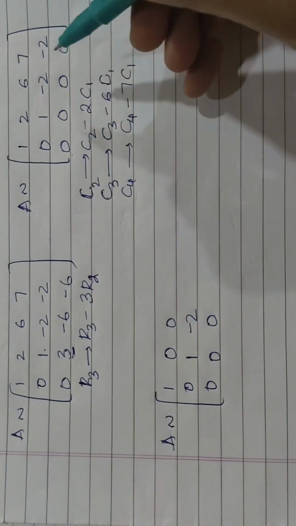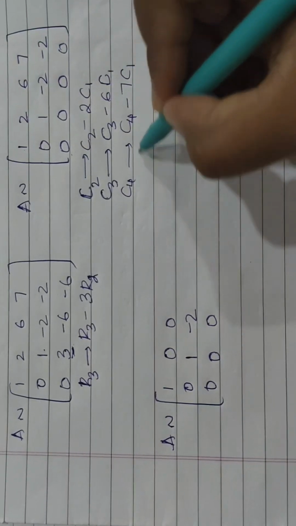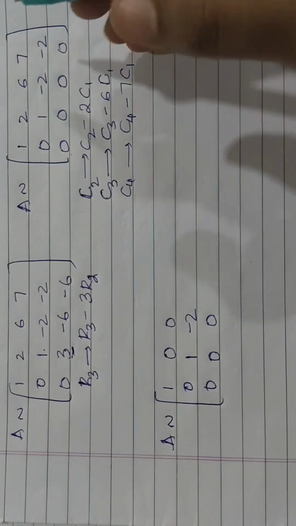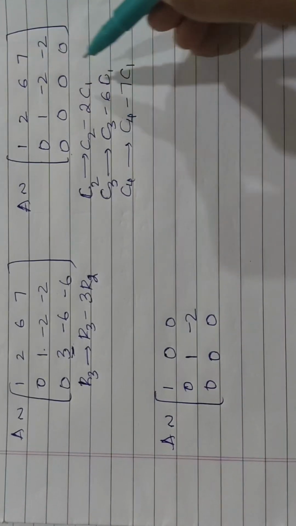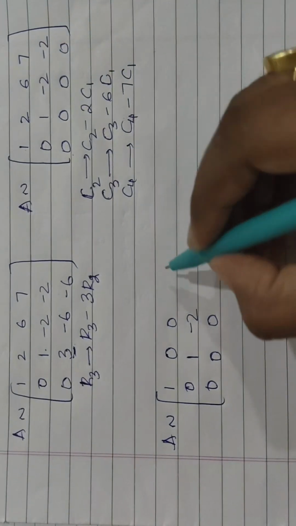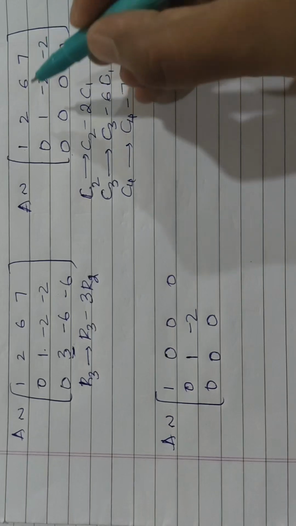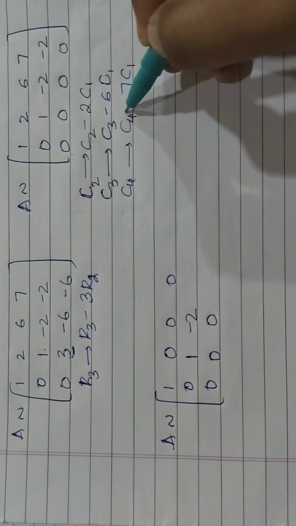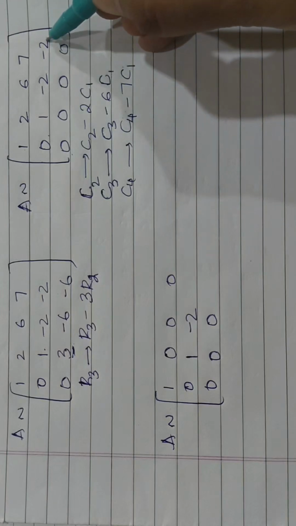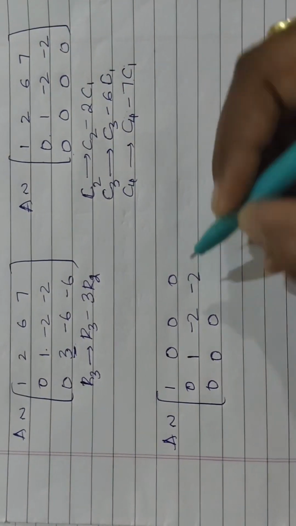Next we move on to the fourth column, using the transformation C4 minus 7C1. C4 is 7 and C1 is 1, so it is 7 minus 7 into 1, that is 0. Next, C4 is minus 2 and C1 is 0, so it is minus 2 minus 7 into 0, that is minus 2.